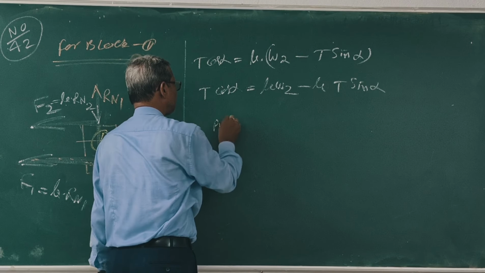Put W2 is equal to 50 Newton, sin alpha is equal to 3 by 5, cos alpha is equal to 4 by 5, mu is equal to 0.3, and W1 is equal to 1 Newton.